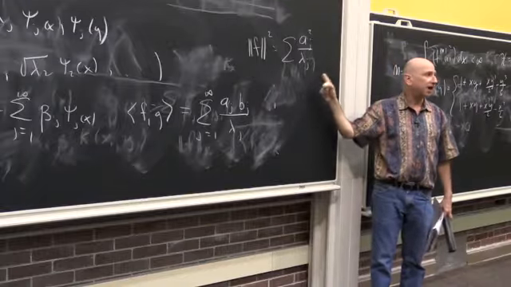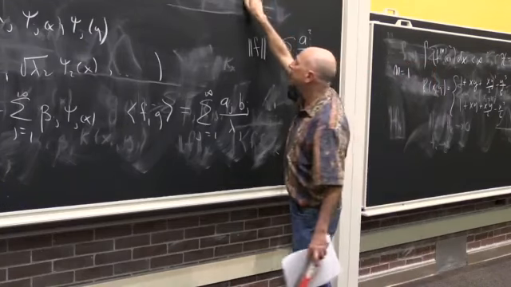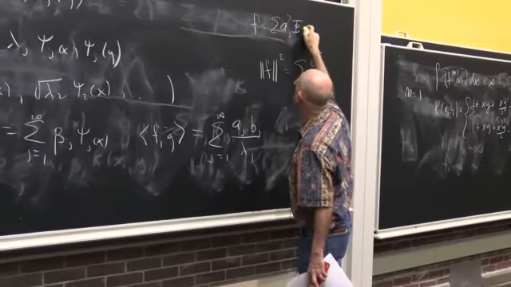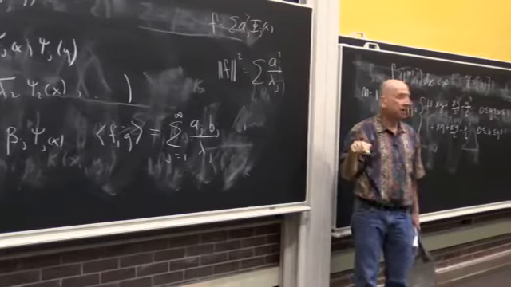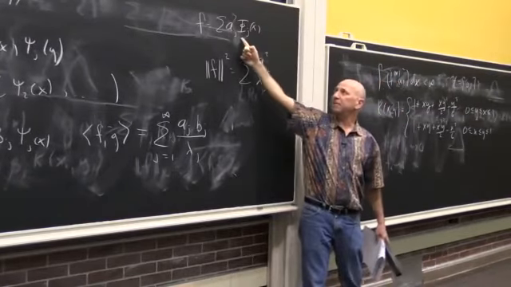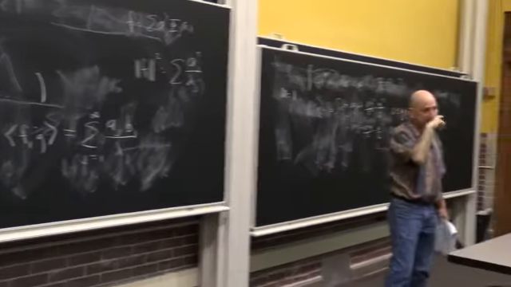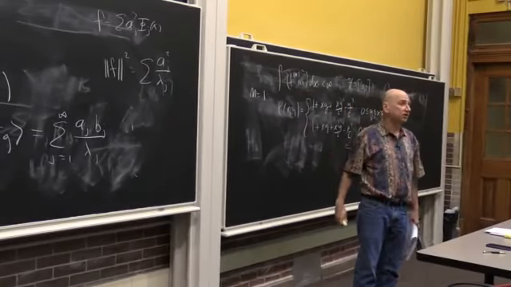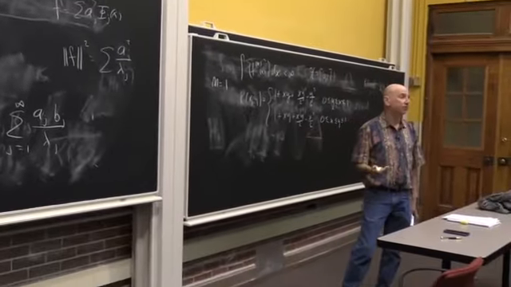So how can this stay finite? These coefficients must be going to 0 pretty quickly, right? Otherwise, this would blow up. And if you think about these functions as looking like sines and cosines, intuitively, what that's saying is you've got to be putting lower and lower weight on the higher and higher, wigglier and wigglier functions. And that's why the functions in this reproducing kernel Hilbert space are smooth.